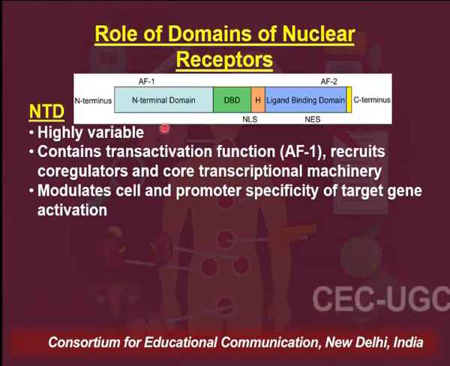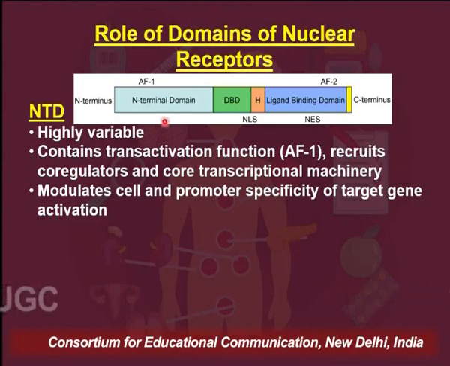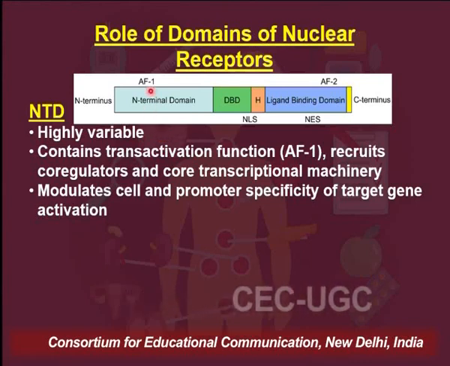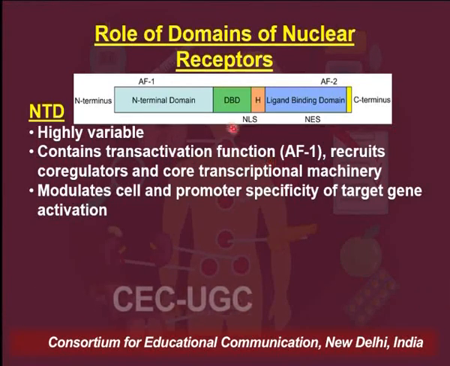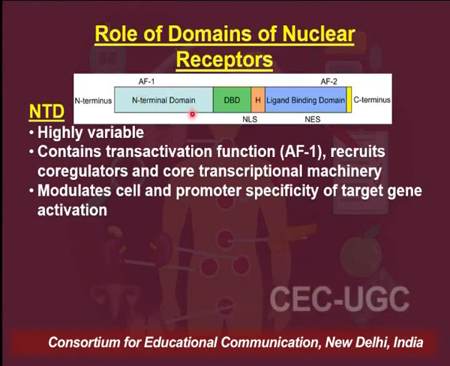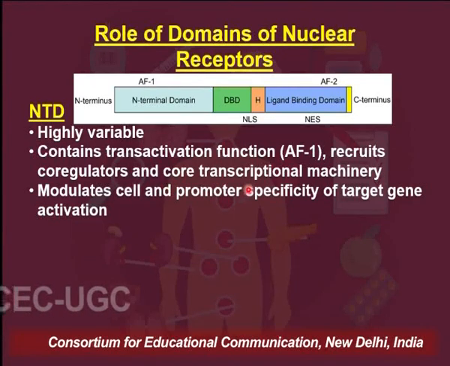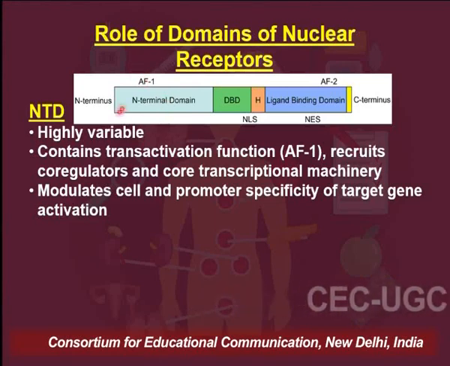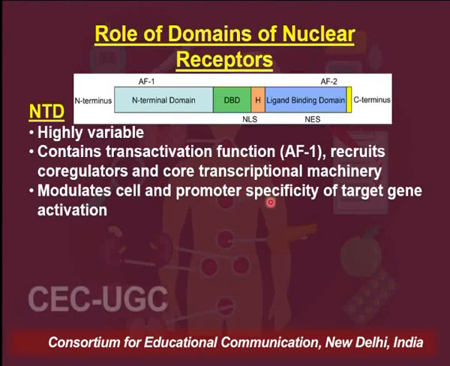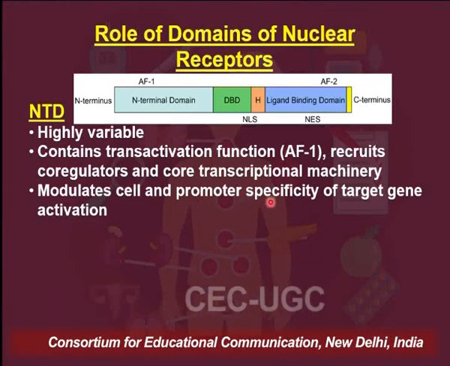For the estradiol receptor and androgen receptor, this NTD is quite variable, and it contains AF1, which is the transactivation function 1. What is the function of AF1? It is generally involved in recruiting the co-regulators and the transcriptional machinery. In general, this NTD will modulate the cell and promoter specificity of the target gene activation.